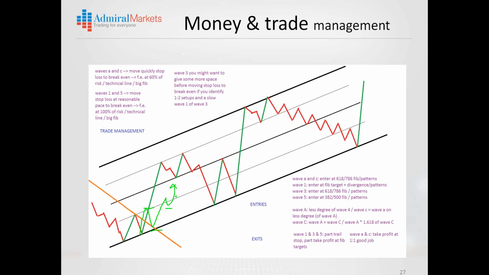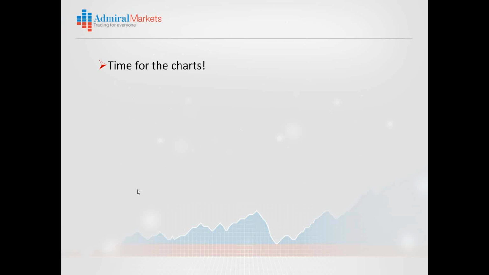It should keep on going. If we're in wave 3, we should see the trade keeping its momentum. You can also use the top of wave 1 as a place to hide your stop, and stuff like that. That will be for next time, because I will go into more detail.